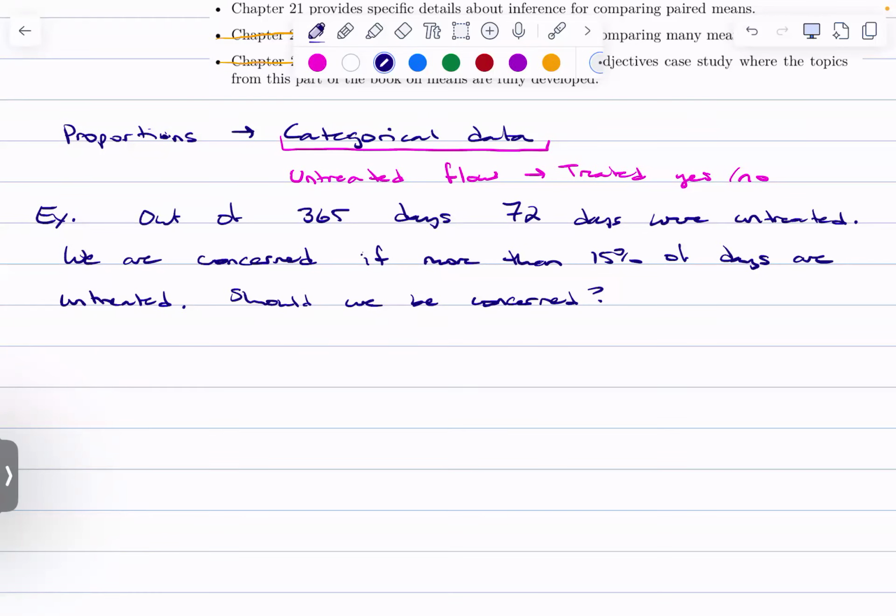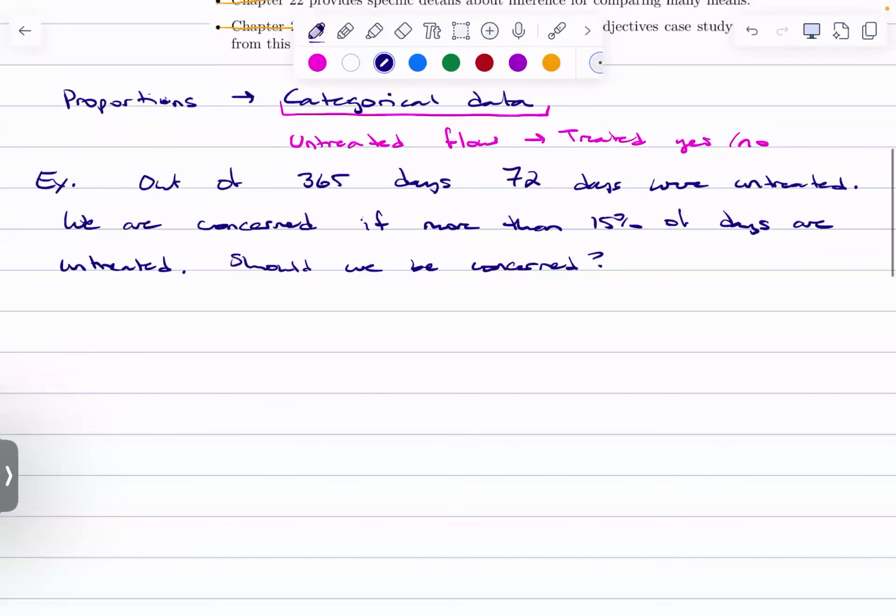And so our p hat, our sample proportion, okay, our p hat generically is going to be x over n, the number of successes over the total sample size.